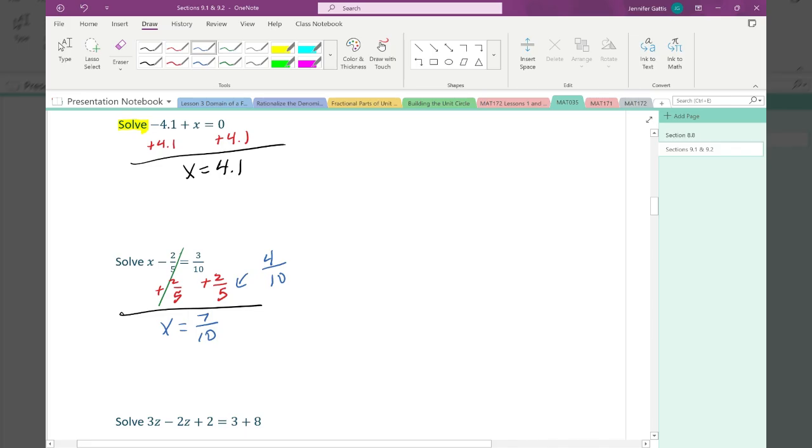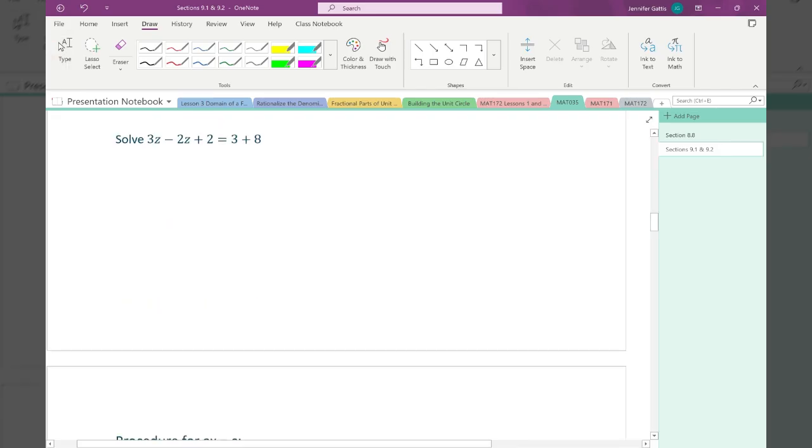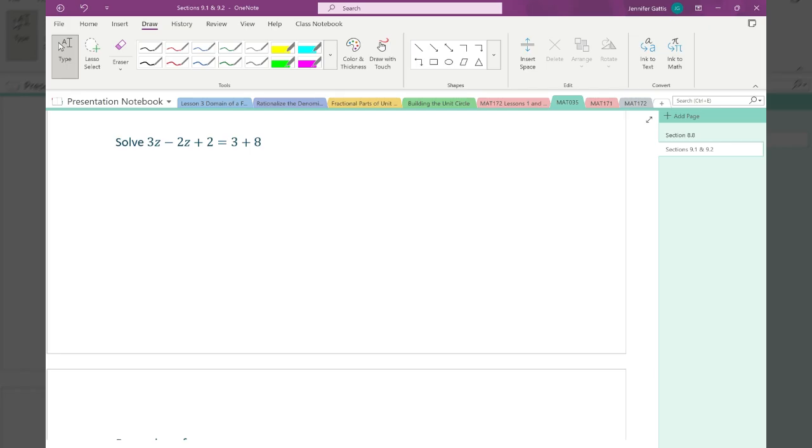And now let's move on to our next example. Remember that our first step is to combine like terms on each side. And if you notice, on the left side, we have these two z terms, and on the right side, we have these two constant terms. So we're going to combine on the left side. 3z minus 2z is just 1z.